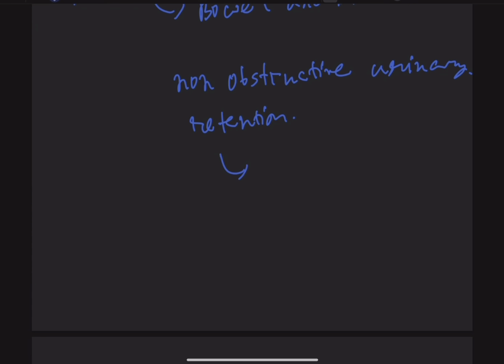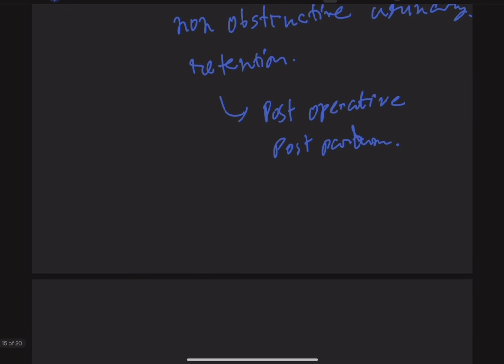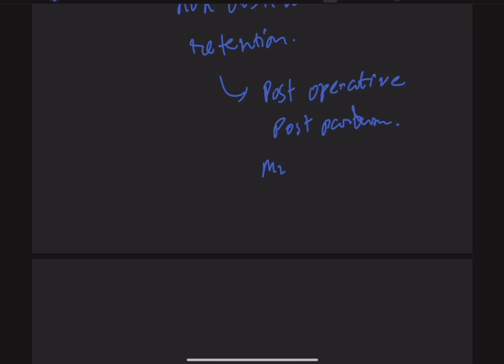Non-obstructive urinary retention, like post-operative urinary retention, postpartum urinary retention, myogenic urinary retention, or neurogenic bladder.